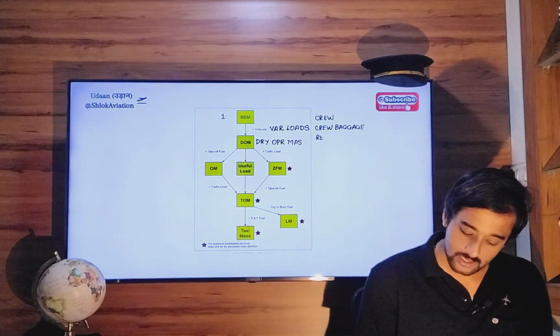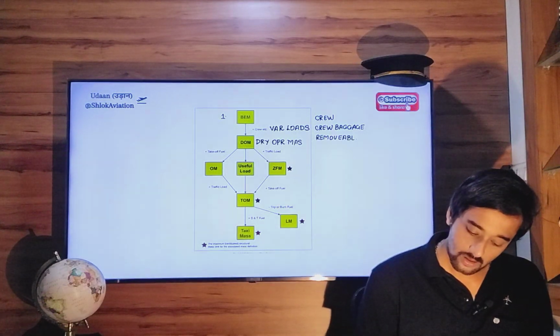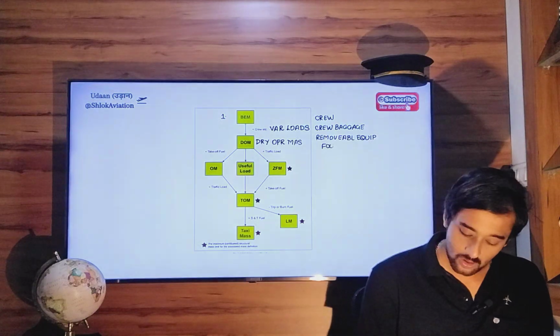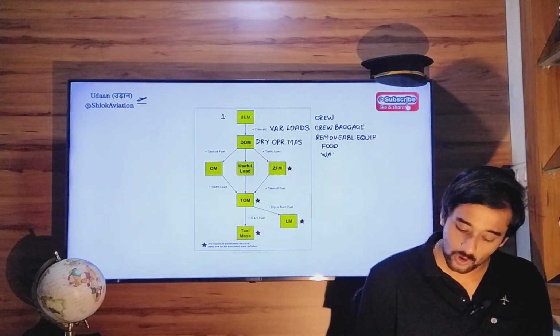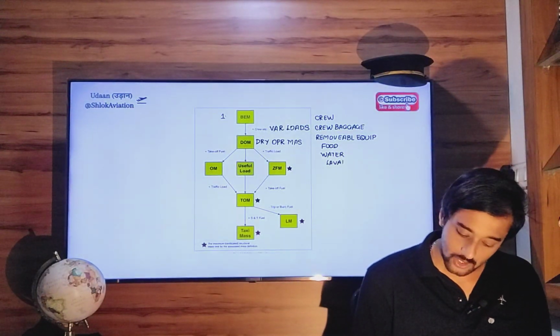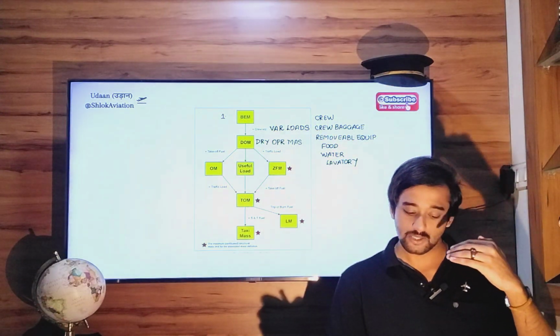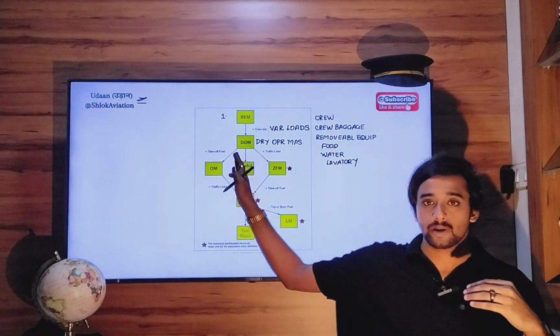Removable equipment and food, water. So this food, water, lavatory materials are all parts of removable equipment. So these are variable loads. Basic empty mass plus variable loads gives you dry operating mass.